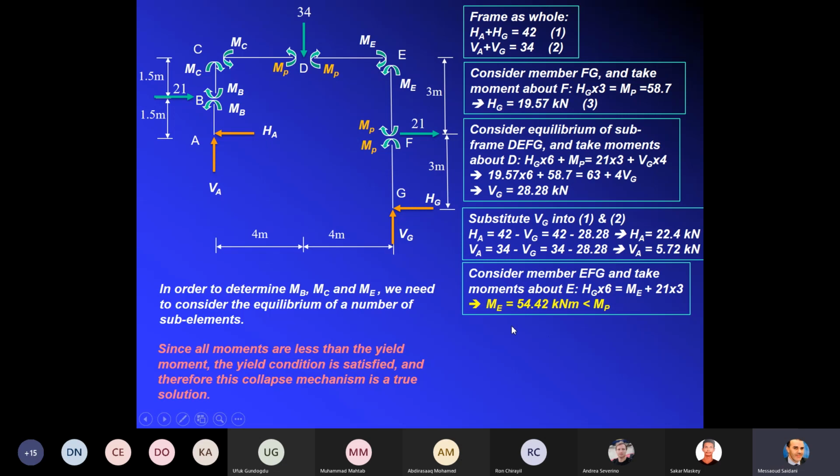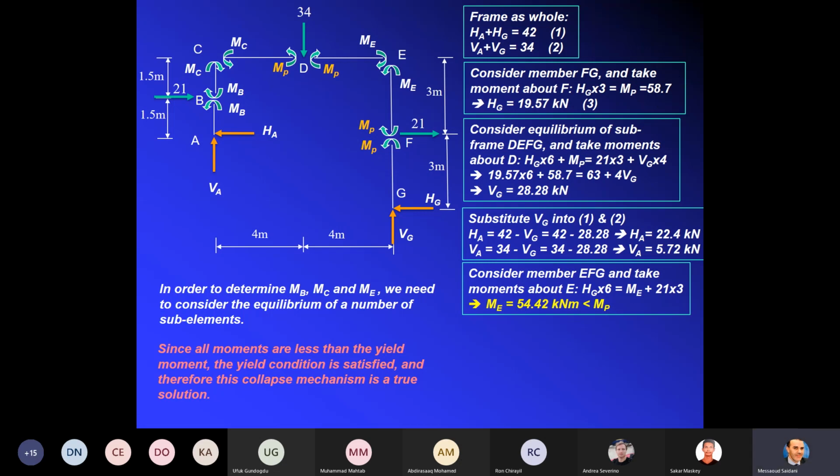I repeat, clockwise, Hg times 6 equals anti-clockwise, Me plus 21 times 3. So that gives a moment at E of 54.42 kilonewton meters, and this is less than MP. Remember MP is 58.7. So this is less than MP, so that's good.